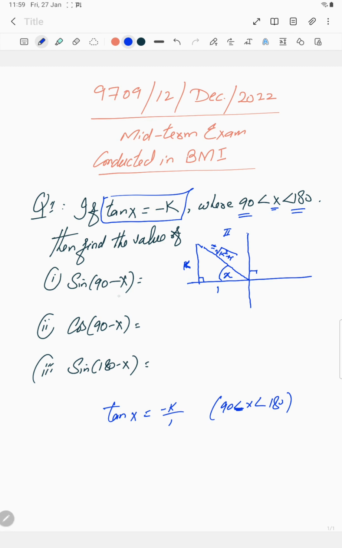We know sine(90 minus x) is equal to cos x. So from the figure, cos x was a trigonometric ratio, you know the concept of SOH CAH TOA.